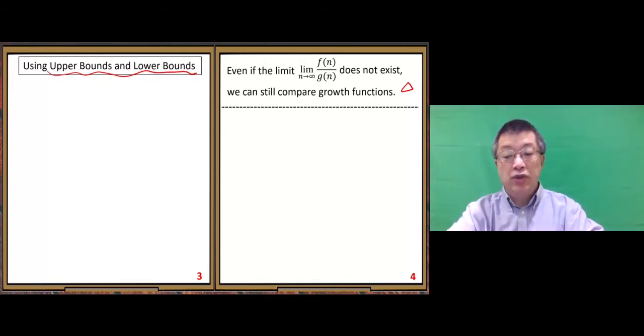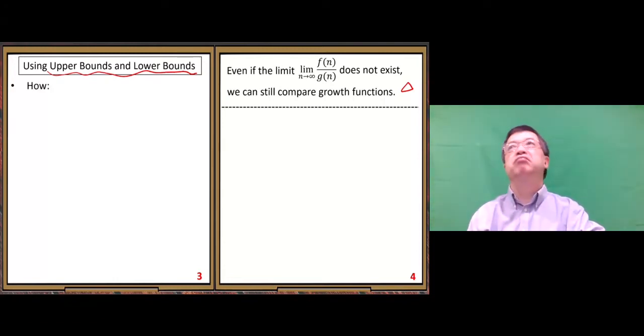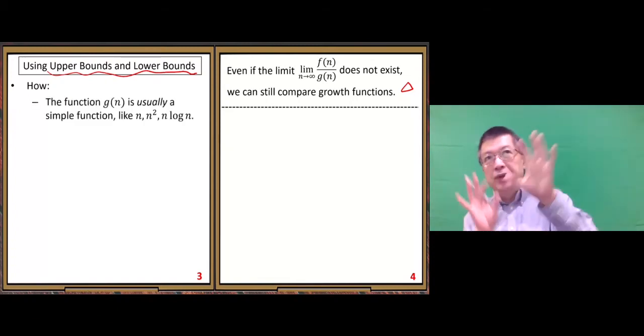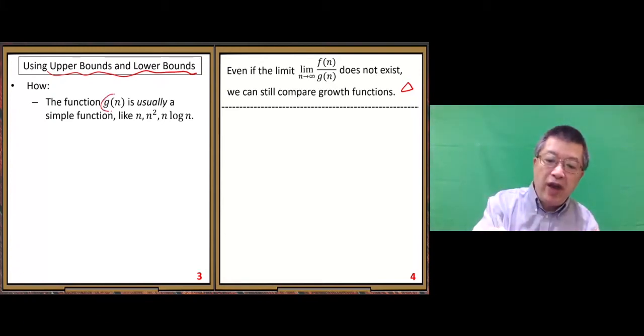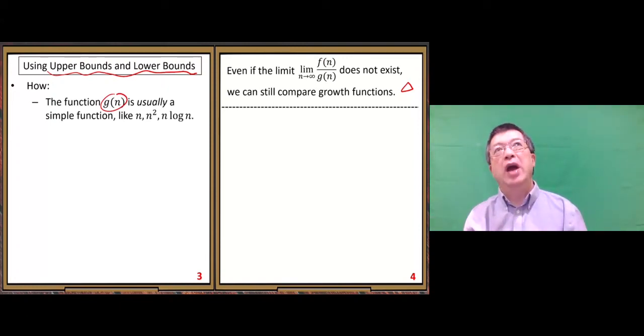So what's the upper bound, lower bound? You will see the detail. How do we do it? Let's look at the details. First, when we compare two growth functions, usually g of n is a relatively simple function, usually.